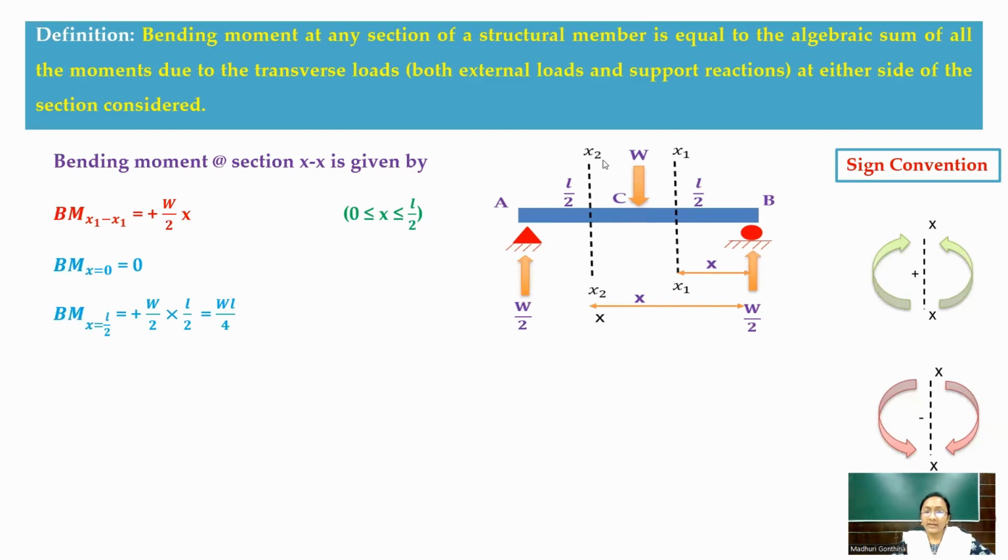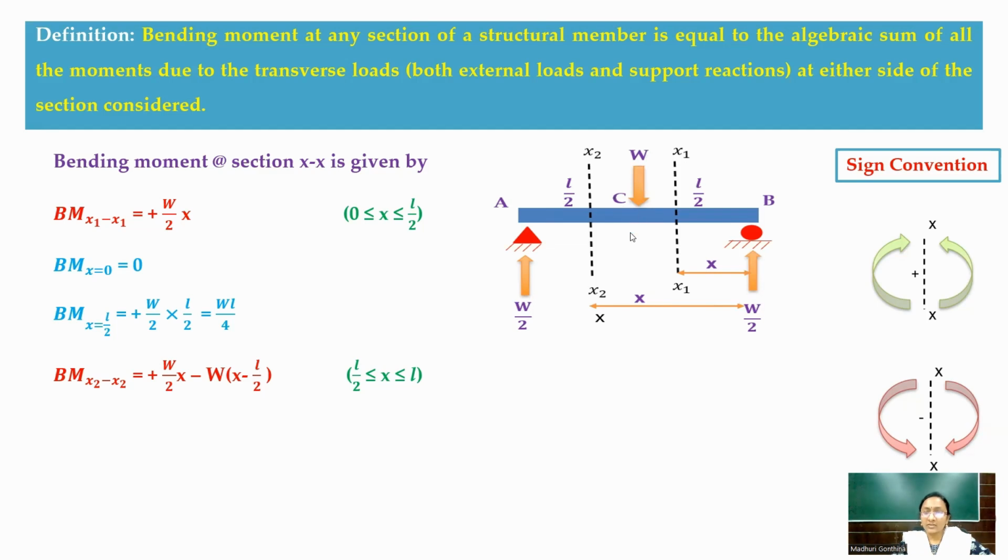Now again, when we consider another section X2 in this CA segment, the bending moment equation is: W by 2 is upward, which is in sagging nature. Therefore, W by 2 into X is in plus direction, and the load W is downward and also in clockwise direction.